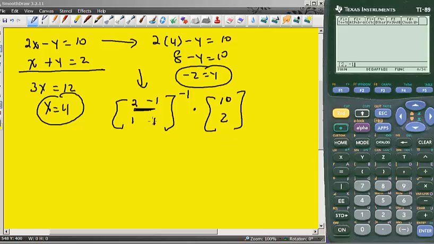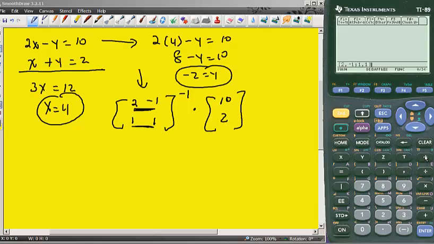When I change rows, I have to use a semicolon, which is above 9. So the second row is going to be 1, comma, 1. Okay, and then I'm going to close my matrix, which is bracket, above the division sign. Then I'm going to take the inverse of this.